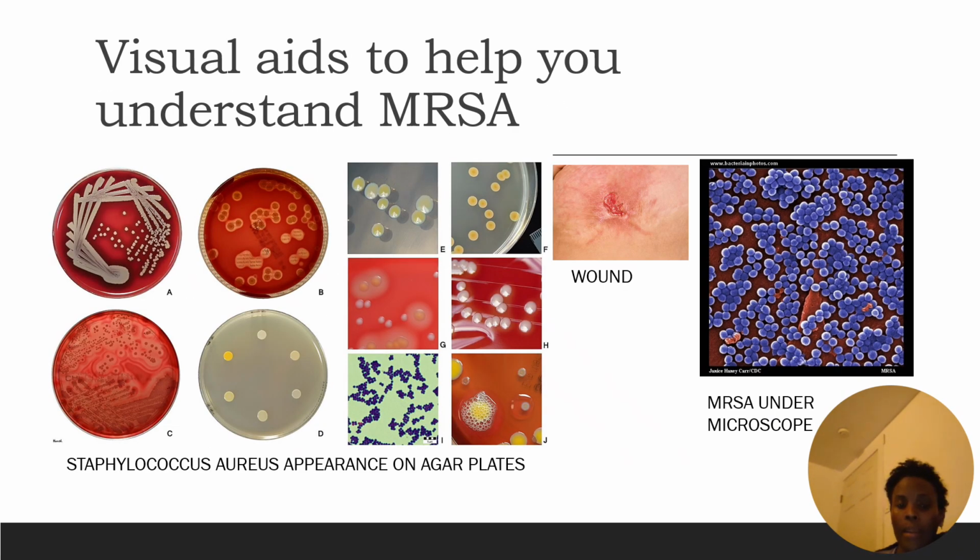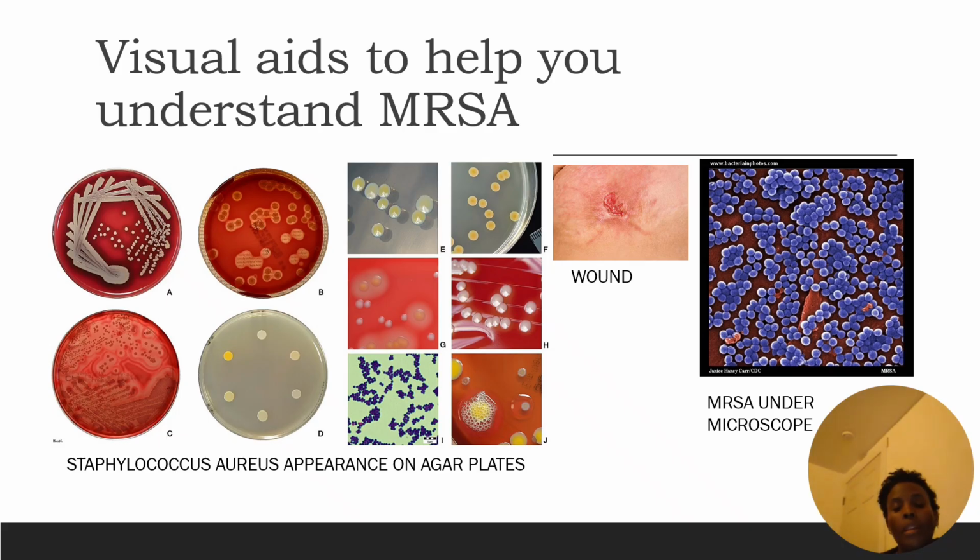In this slide, I pasted pictures as visual aids to give you a clear view of how MRSA looks under a microscope and on the skin. Our first picture shows the Staphylococcus aureus appearance on the agar plates. Once a culture is taken from the infected area, it's put on the plate to find out if the person is infected with MRSA.